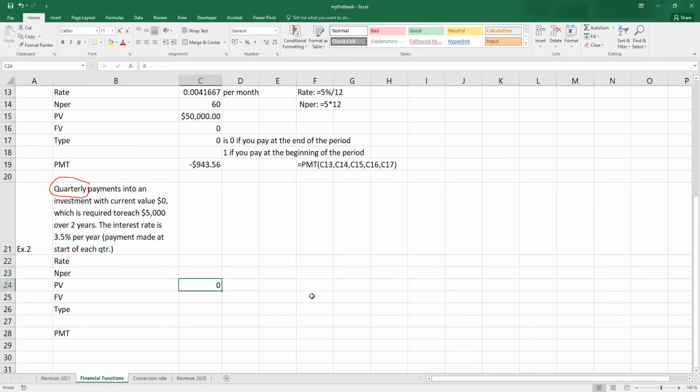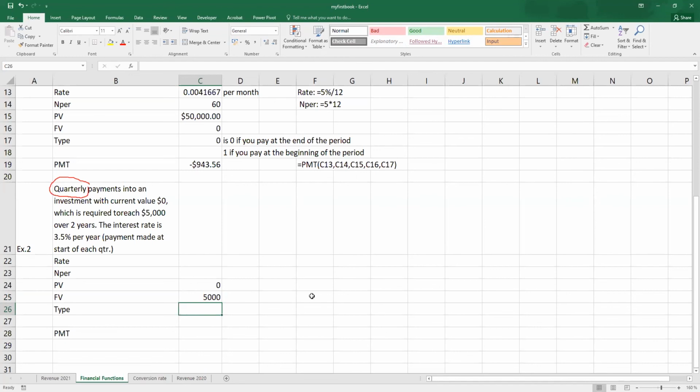Okay, and then in this problem we would like to reach $5,000. To reach 5,000 in the future when the time passes, you just type 5,000. Be careful. As we discussed in the very first class, for currency values do not enter the dollar sign by yourself.